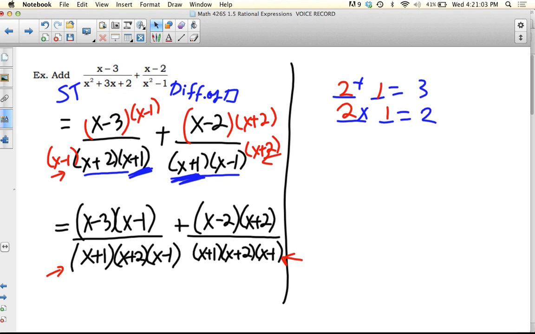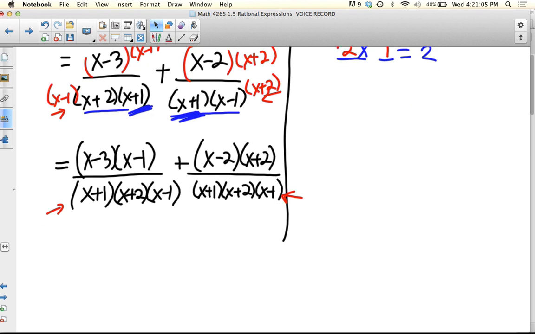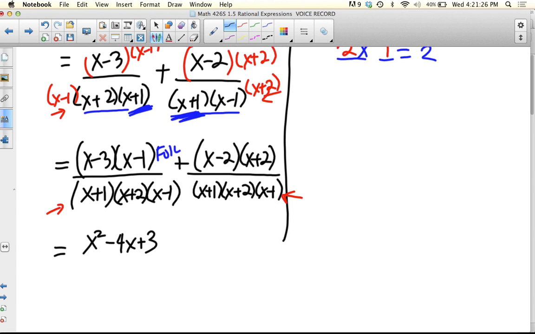So if we're going to actually multiply those out, this guy we're going to need to FOIL. Okay? So this is going to equal, I'm going to just trust that you're okay with the FOILing, and I'm going to write down the simplified answer. So it's going to be x squared minus 4x plus 3. Okay, so that's what's going to happen if you FOIL this out.